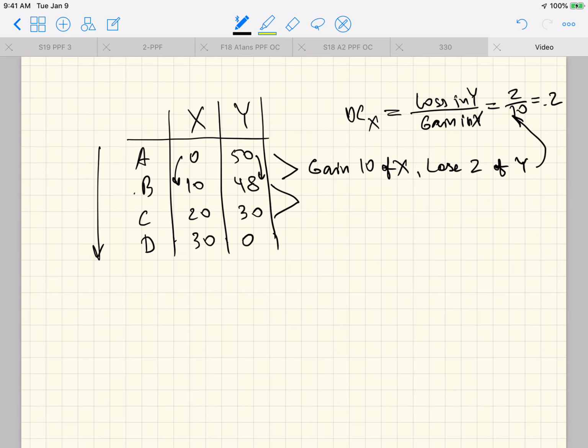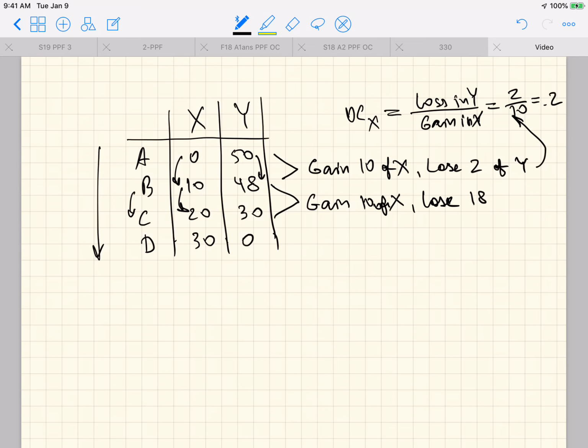Okay, let's do one more. If you keep going, increasing your production of good X, so you again gain 10 of good X, going from 10 to 20, you lose, now you're losing 18.